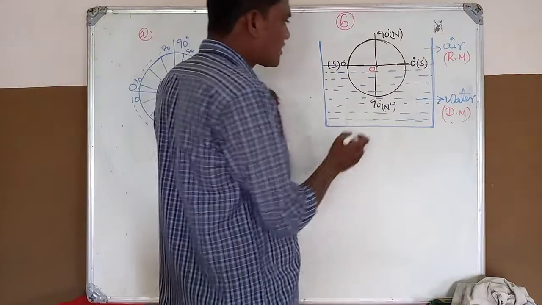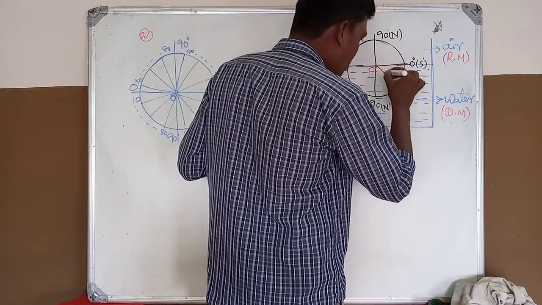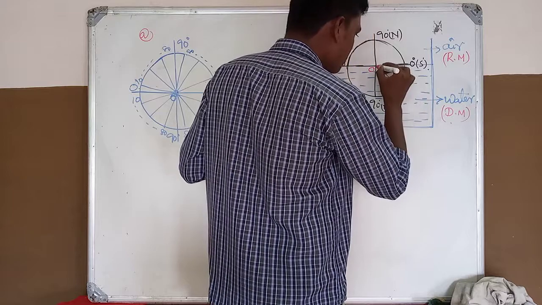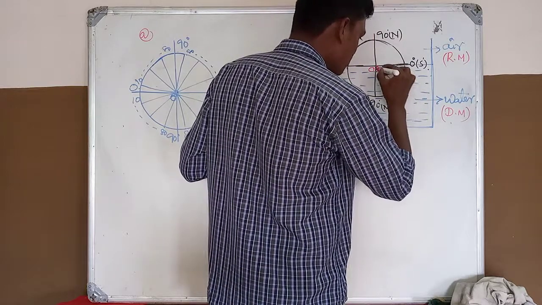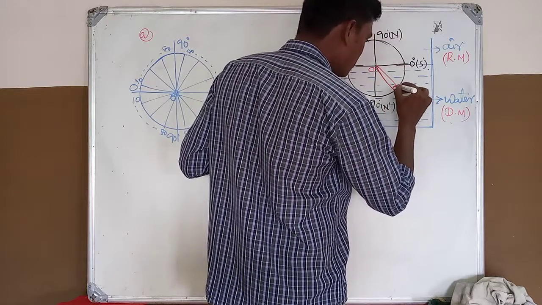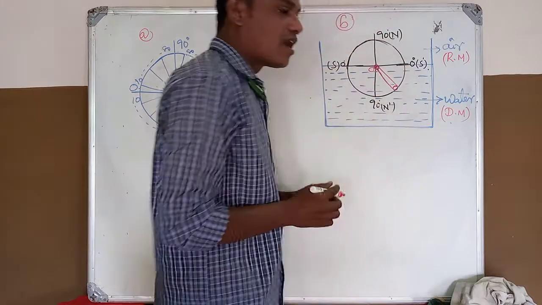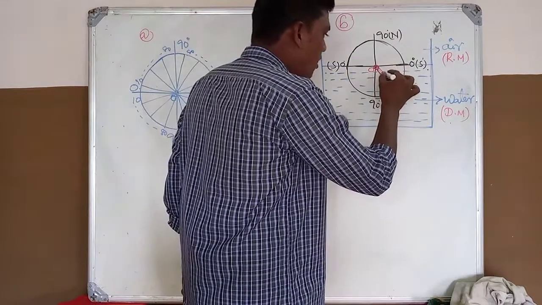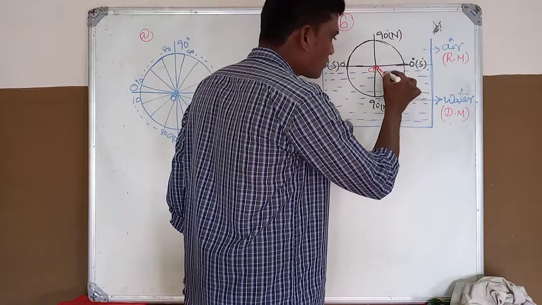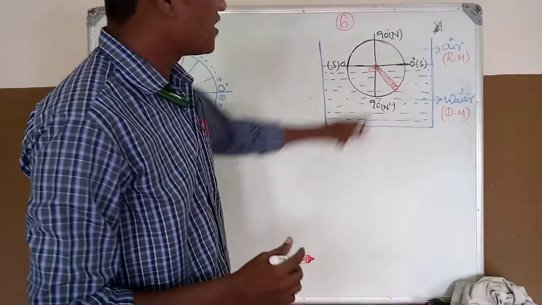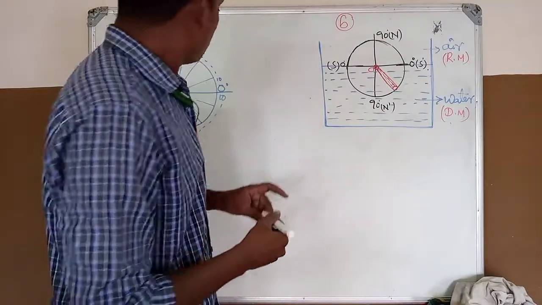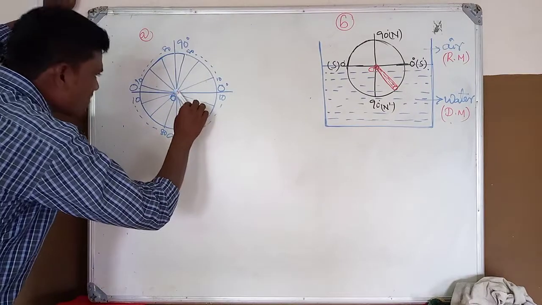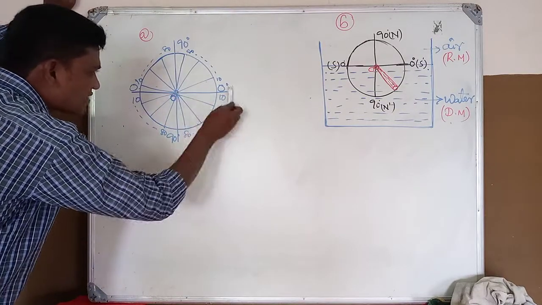So what we discussed is that we already placed a straw here in the lower portion of the S dash.